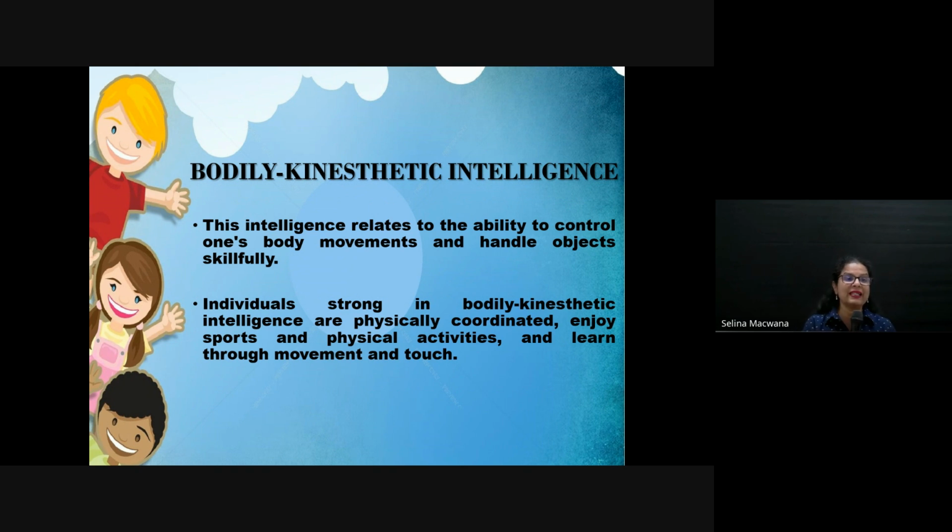So, bodily kinesthetic intelligence. Okay, so these kinds of learners are physically coordinated. They enjoy sports, physical activities, and learn through movement and touch. So if any of you like to learn through sports, through movement, through touch, you have bodily kinesthetic intelligence.